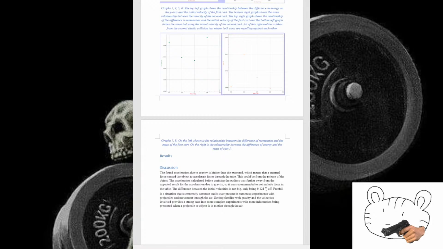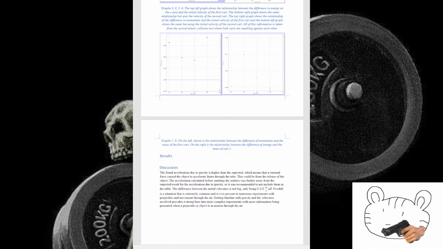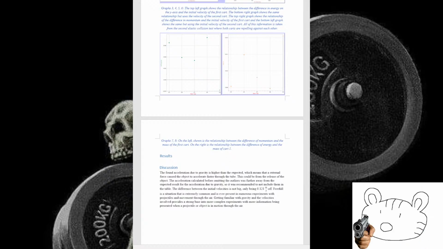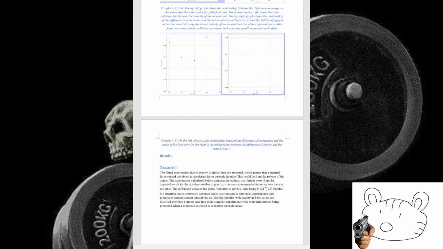Cool. So I just need to find if energy is conserved, plus or minus the standard deviation. So I need to find the standard deviation of the change in momentum and the change in energy.